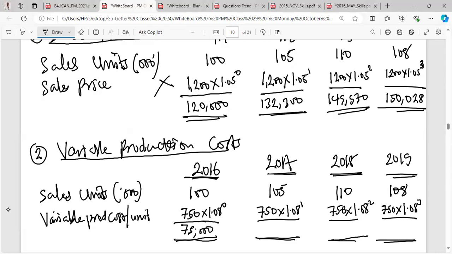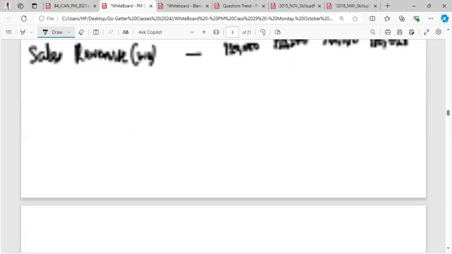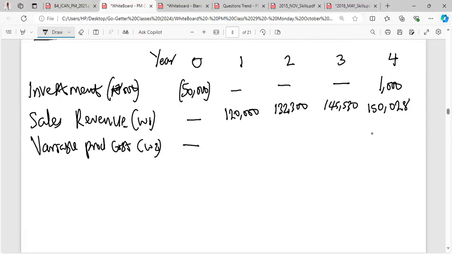So we'll go now and do it here. 75,000. Why are we doing it immediately? So that we'll not be carrying several figures. Variable cost is an outflow.